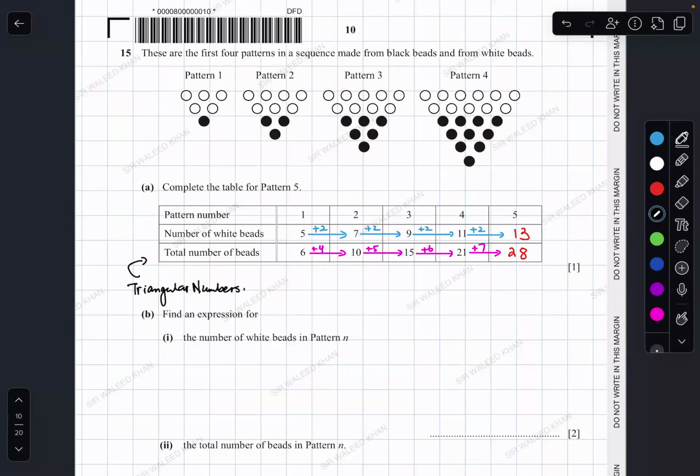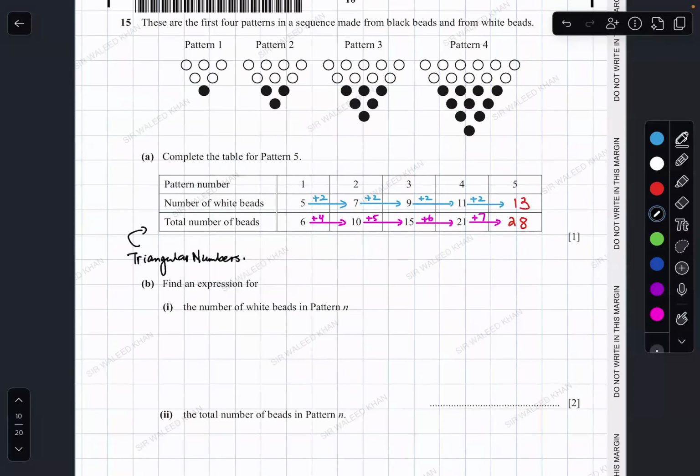That is why I'm telling you, remember the basic square number sequence, cube number sequence, triangular number sequence, right? Triangular number, biggest hint is that each time the difference increases by 1. So 6, 10 plus 4, 10 and 15 plus 5, 15 and 21, the difference is 6. So each time there is 1 added difference.